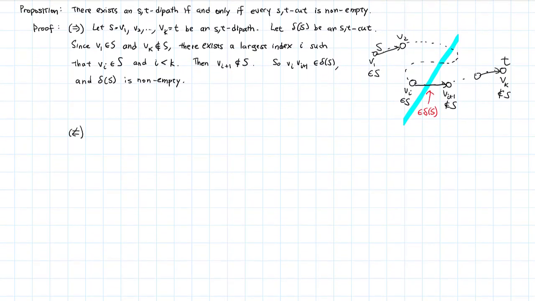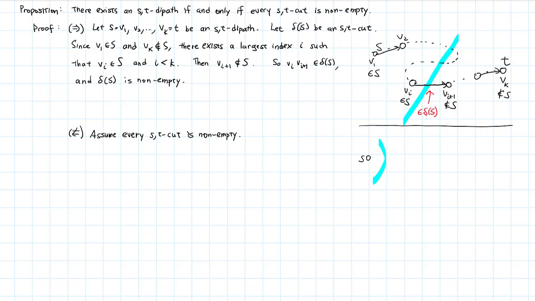For the other direction of the proof, we're going to assume that every ST cut is non-empty, and then try to find an ST dipath. One possible way of finding this dipath is by building it iteratively. We can start with the node S and look at the cut induced by this one node only.